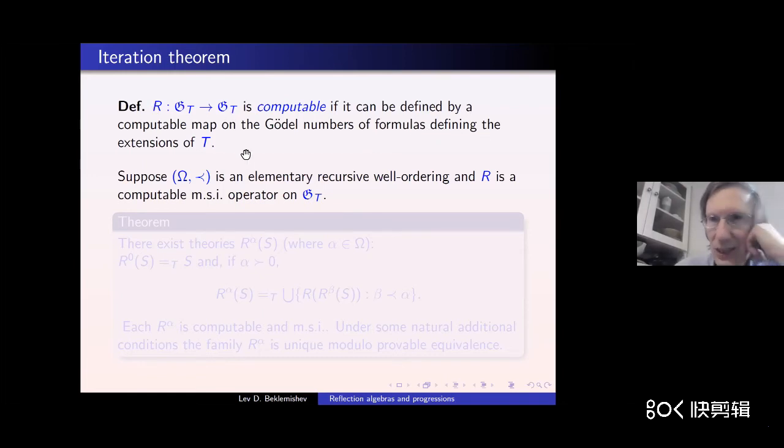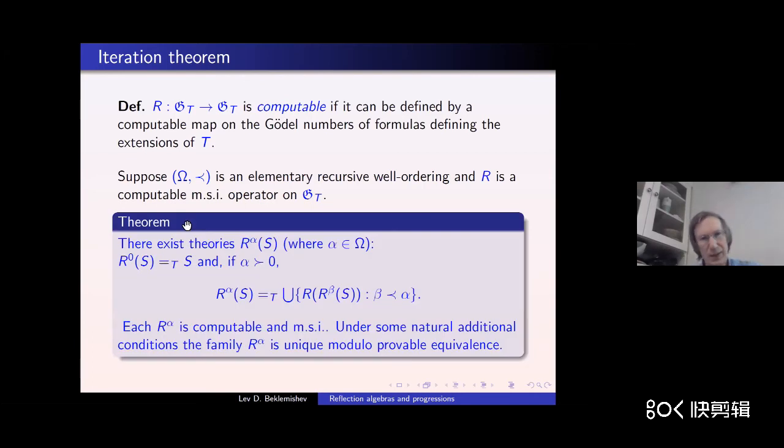So this GT also bears the structure of the numbering, if you like, and the operator is computable if it defines a computable map on GT. And then computable operators can be iterated. And that's the content of this result.